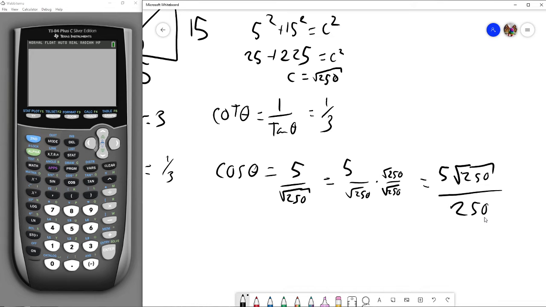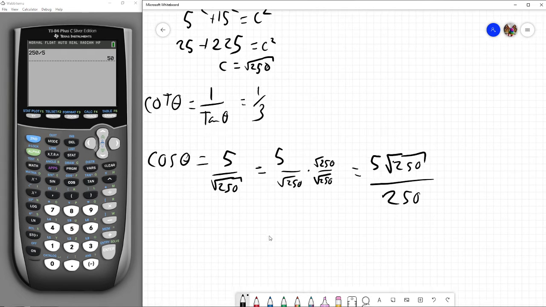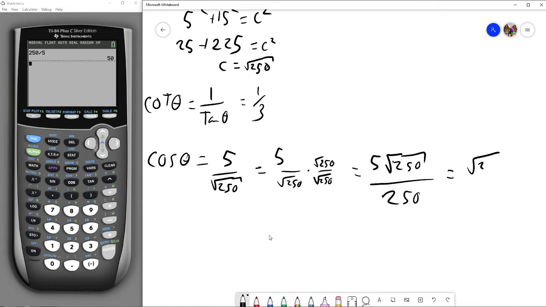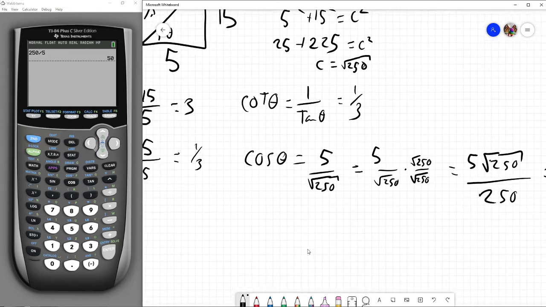Note, since this number in the denominator ends in a 0 or a 5, in this case it's a 0, it's divisible by 5. So let's find out: 50. So this is the same thing as root 250 over 50. Cool.